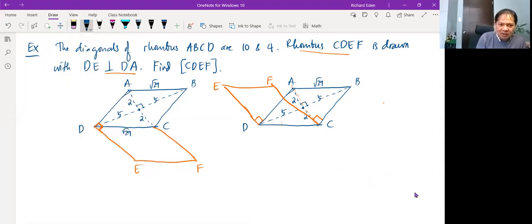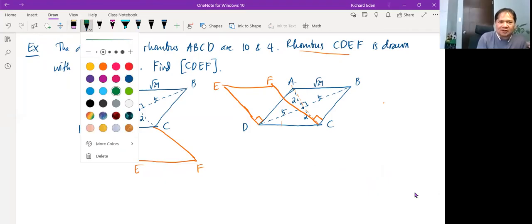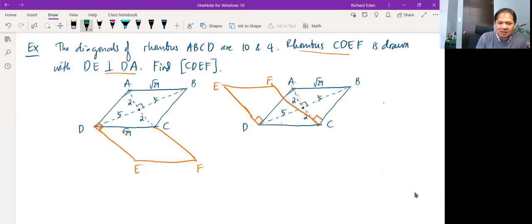What we would need to know, if we could figure it out, is maybe the height. So itong mga strategies ko: figure out the height or see if we could figure out ng mga angles.